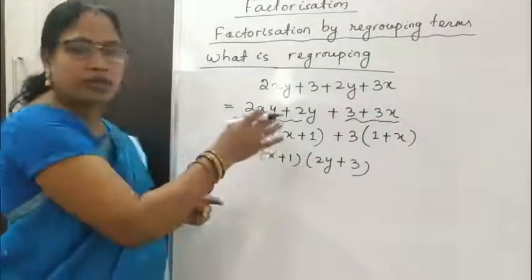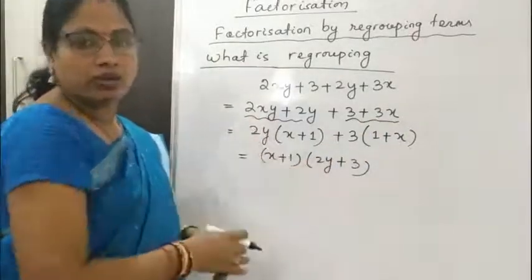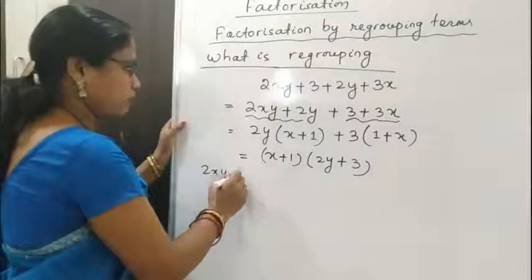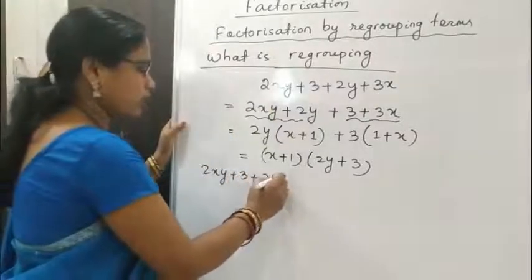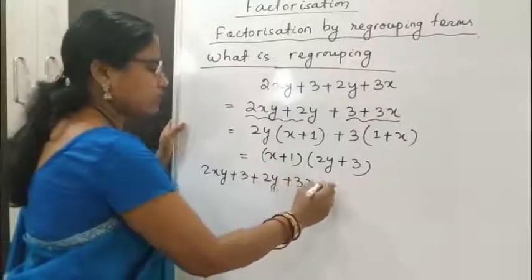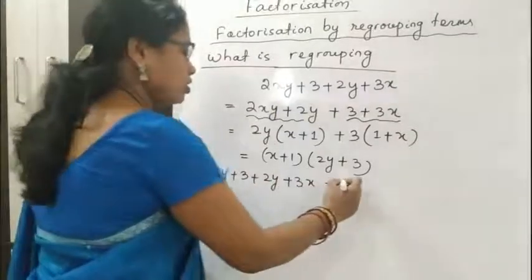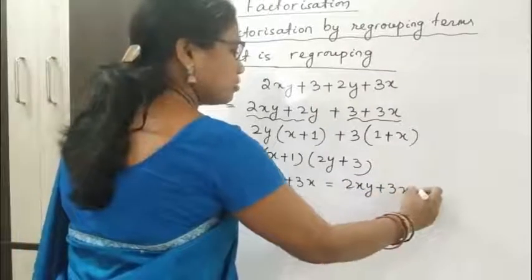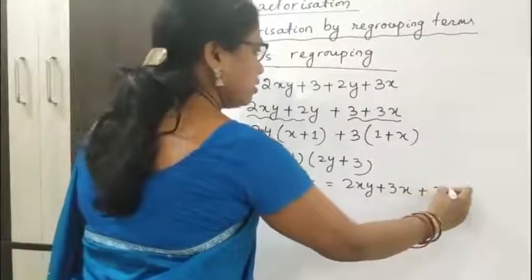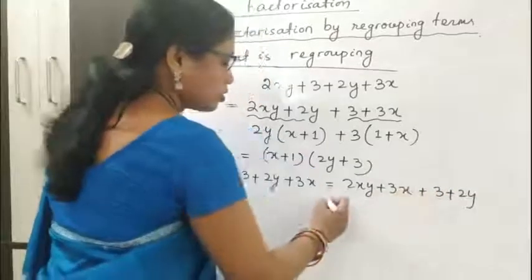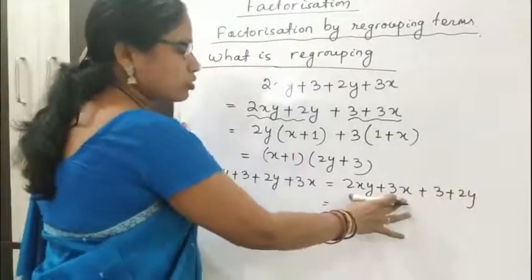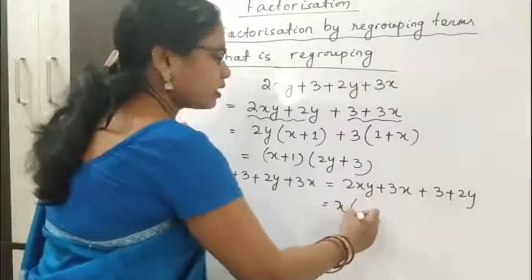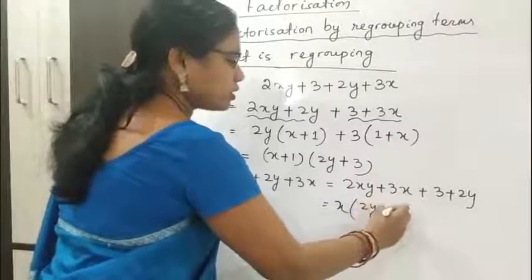This method of regrouping may be done in other ways also. 2xy plus 3 plus 2y plus 3x, we can regroup as 2xy plus 3x plus 3 plus 2y. In the first two terms the common factor is x, that is x into 2y plus 3.